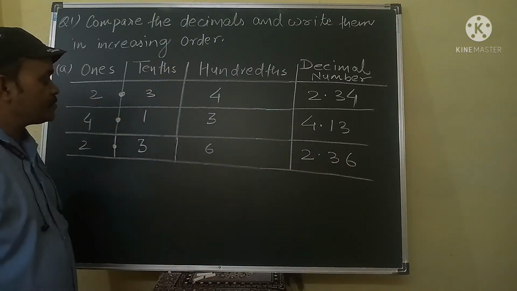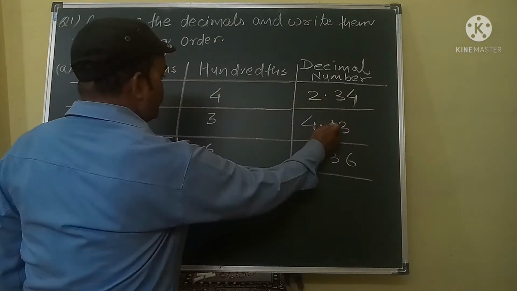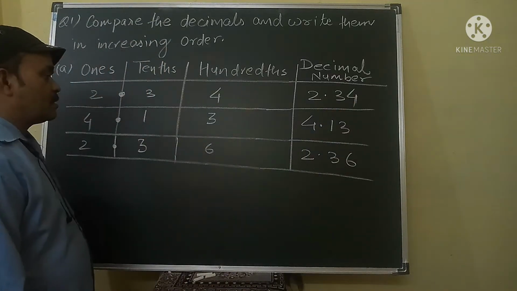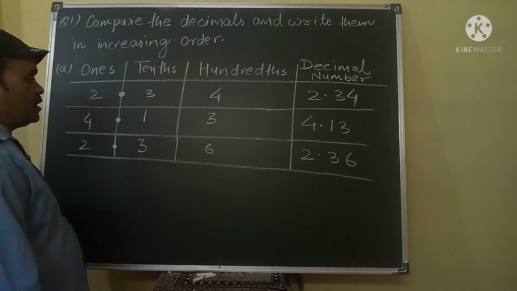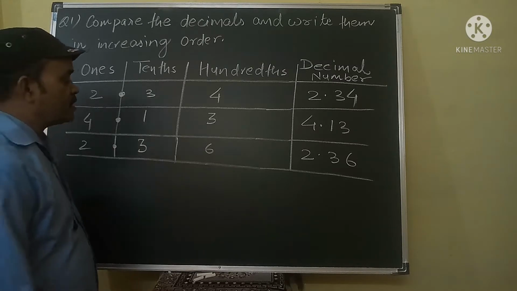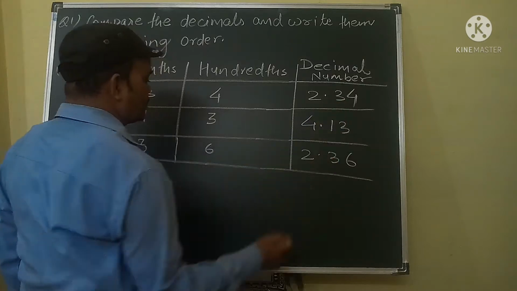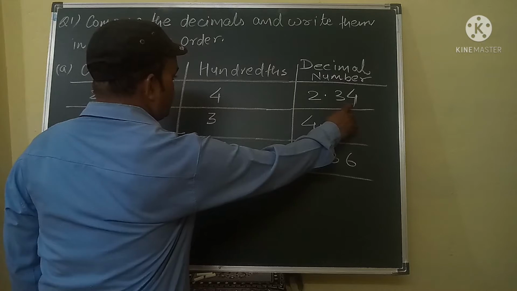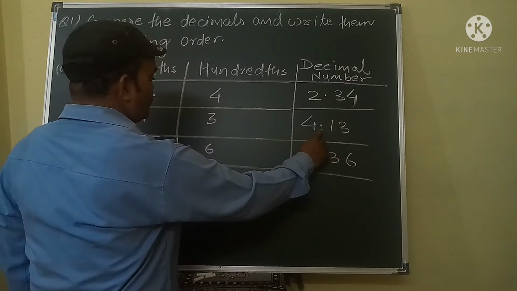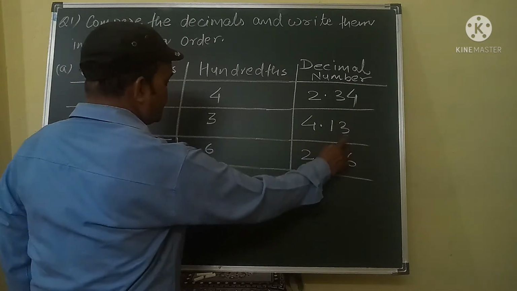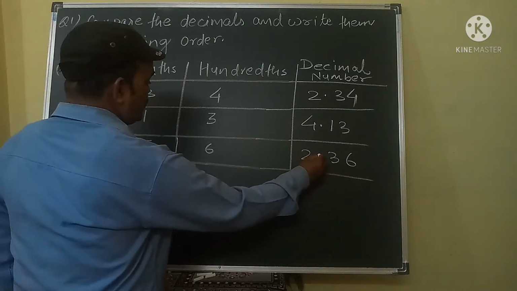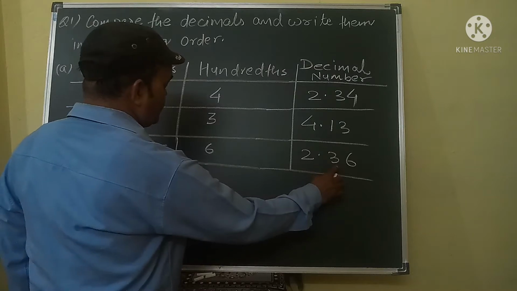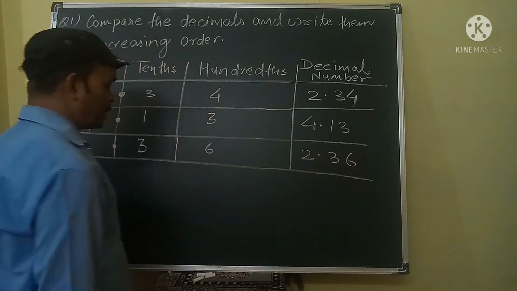As you are looking, the number of digits after the decimal point is equal. That means after the decimal point there are 2 digits, 2 digits, and in 2.36 also 2 digits.